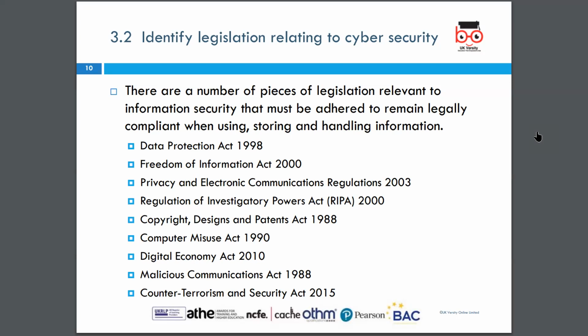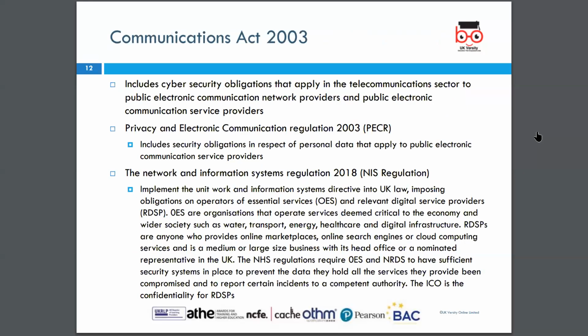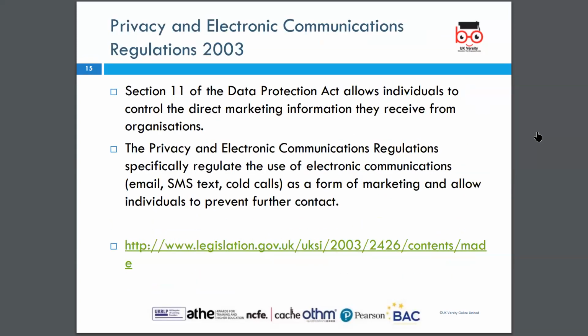All these regulations are out there to protect our governance and protect us from any legal issues that can occur when having a cyber attack. We will not look at them in detail because we have covered them already in our previous tutorial.